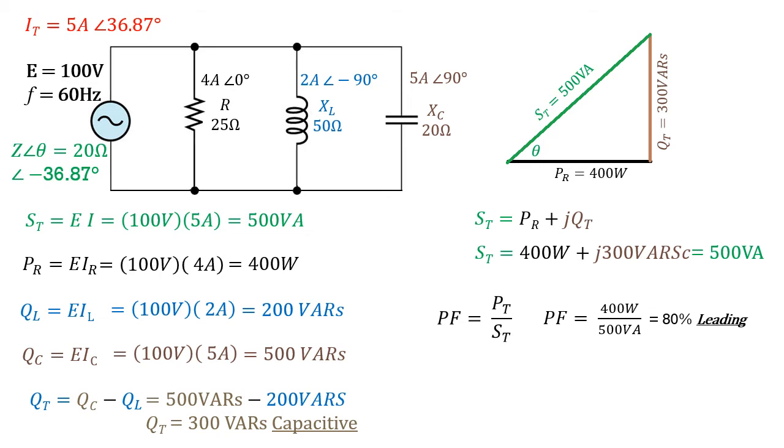So we say that our power factor is leading in a net capacitive circuit, whereas before we had lagging power factors when it's net inductive. Again, we can use our power factor to go back and double check and verify our angle. And sure enough, we get back to our 36.87 degrees.